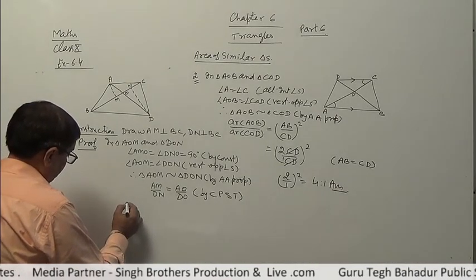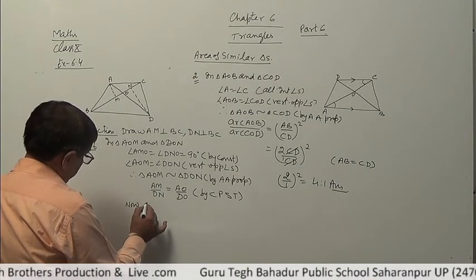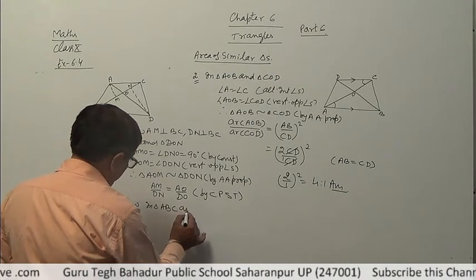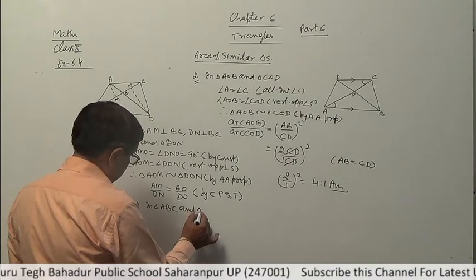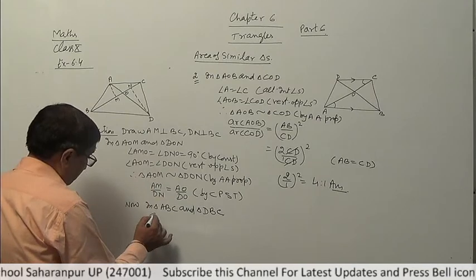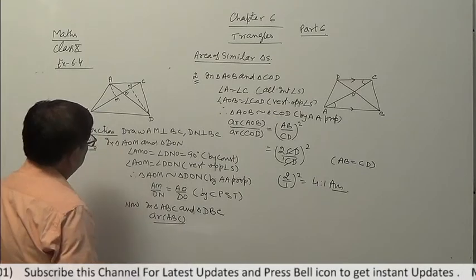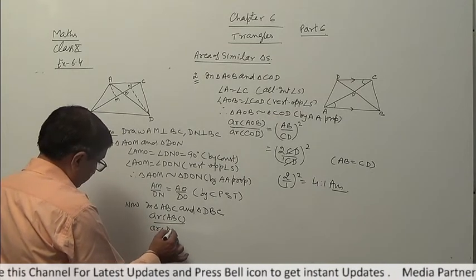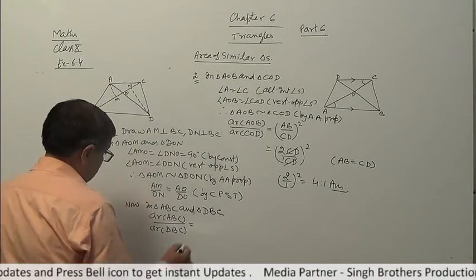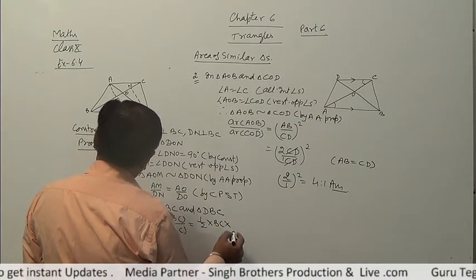Now, in triangle ABC and triangle DBC, area of triangle ABC upon area of triangle DBC is equal to half into base into height.